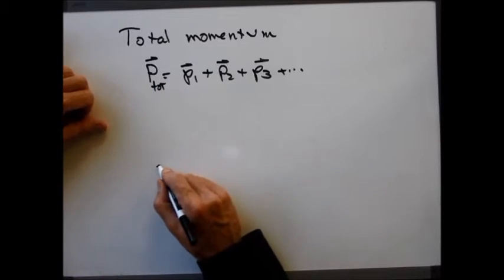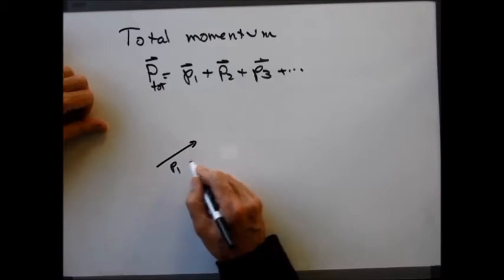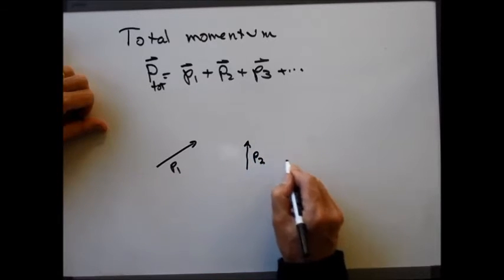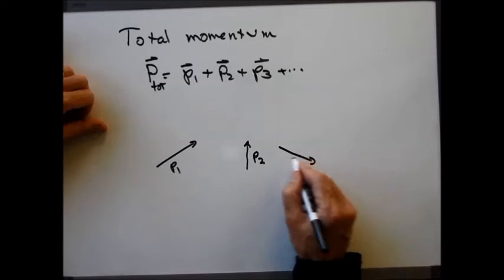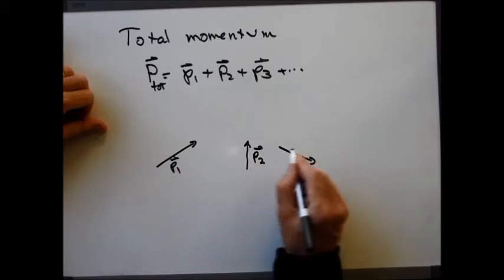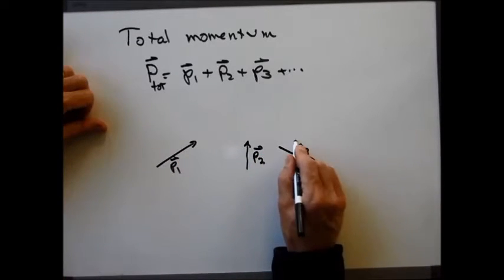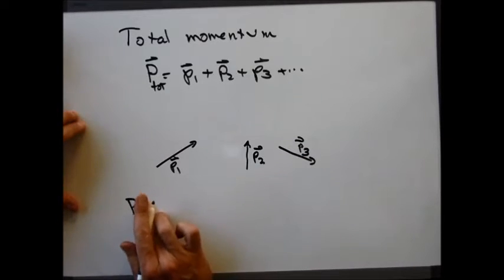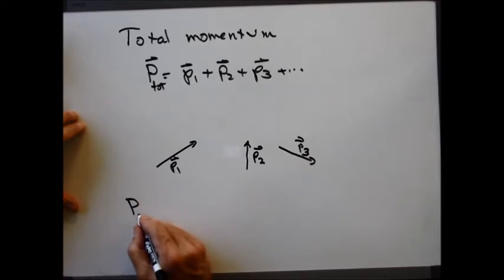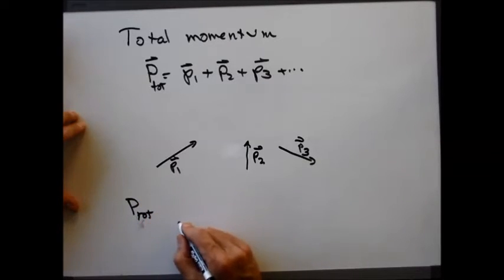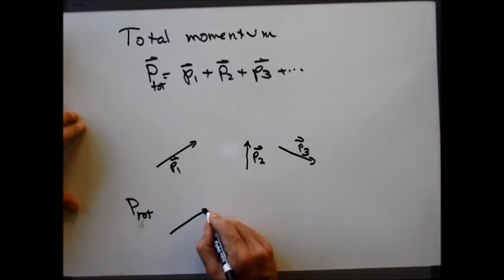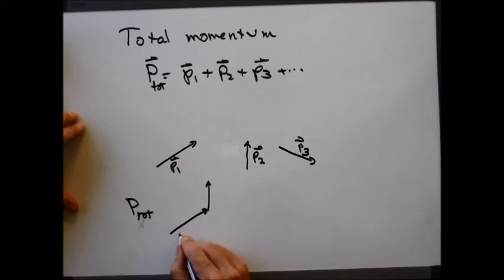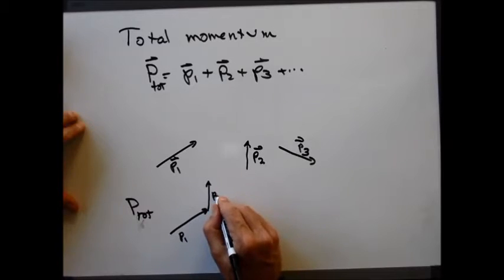And so, if this is P1 and this is P2 and this is P3, these are all vectors, then P tot is P1 plus P2.